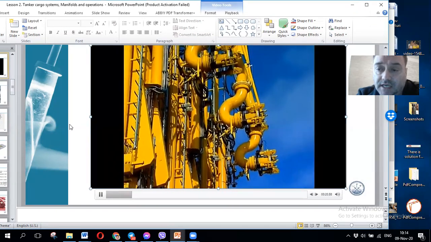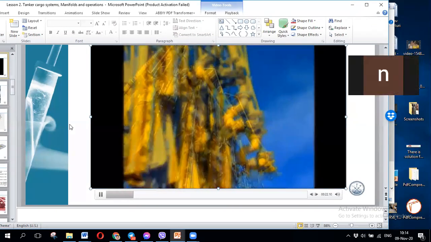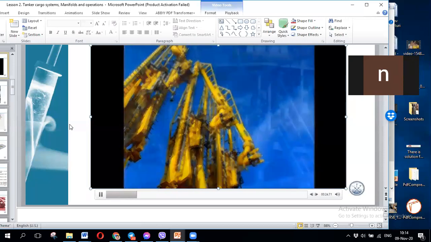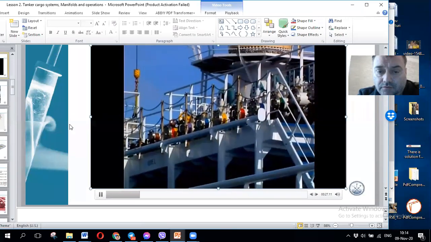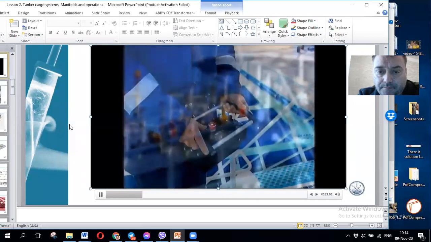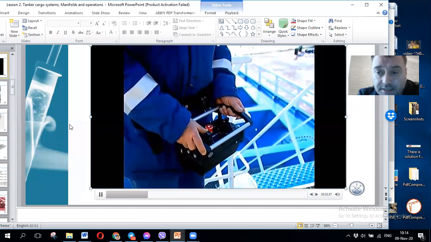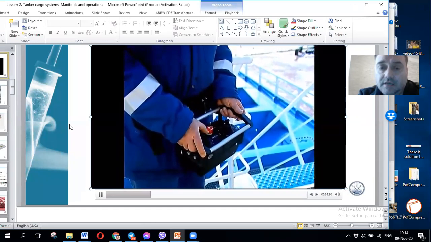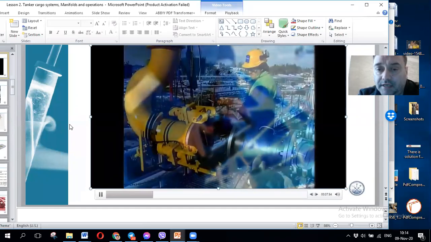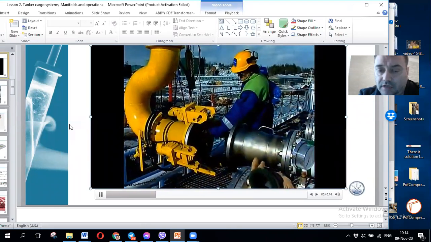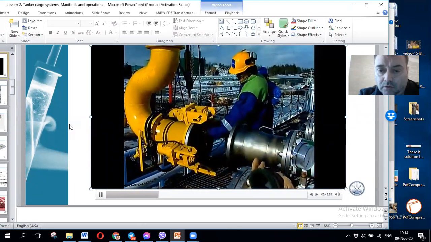That is the shore side. It is not on board the vessel. It comes from the shore and is going to be connected on board our ship. It's remotely operated, always remember, always by the shore operator, not the crew on board.